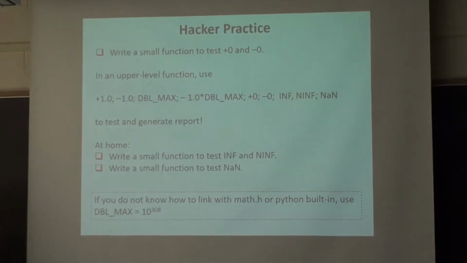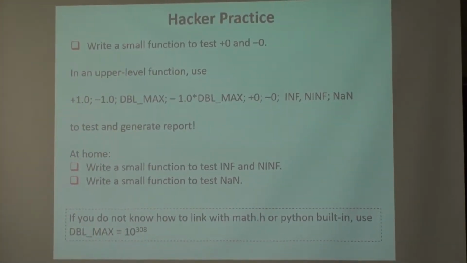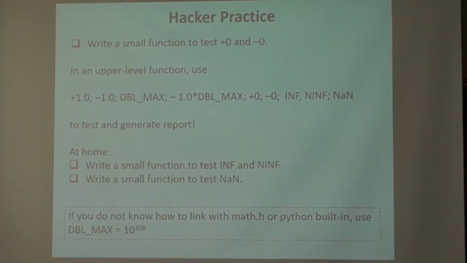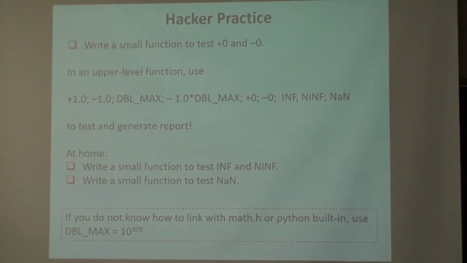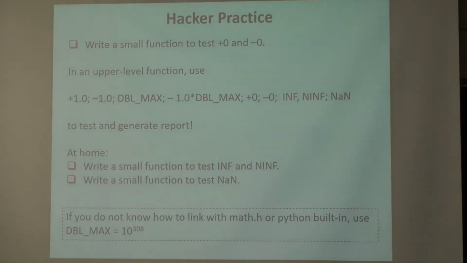Let's try this positive 0 and negative 0 on your platform. We are going to write a small function to test this. I would like you to write a function called is positive 0, and that will only return true when the representation is a positive 0 floating point.